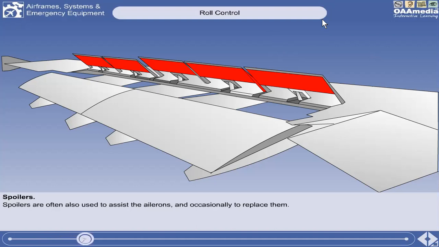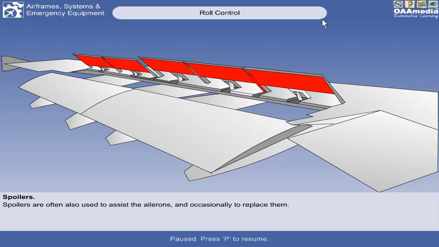However, they are often also used to assist the ailerons and occasionally to replace them by reducing the lift on one wing but not on the other. Raising the spoiler panels will disturb the airflow over the wing and reduce the lift. Okay, no? Yung spoilers, yung wing spoilers, commonly located siya on the upper portion ng wing.